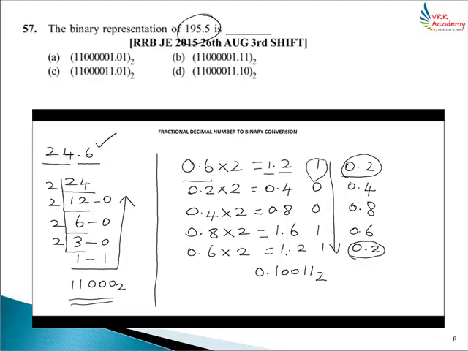If you continue like that, 10011. So this is going to be the second part, and we have to concatenate the two things here. 11000 dot 1001. I think I missed one. I missed a 0 here. So this is the binary value of 24.6.